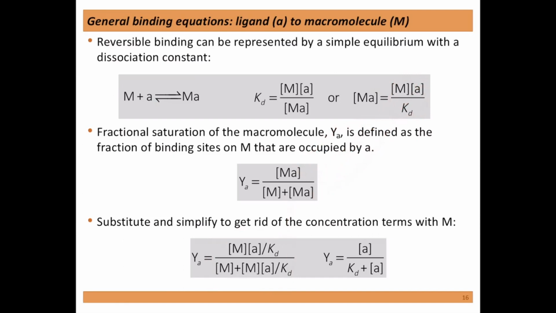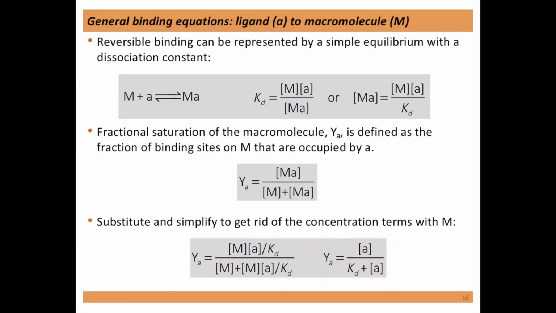And then what you can simply do is factor out the m's. Those will all cancel out. Notice here that these Kd's on this term will cancel out, but you'll end up with a Kd here. The whole point is we end up with a fractional saturation that is related to the substrate and the dissociation constant.